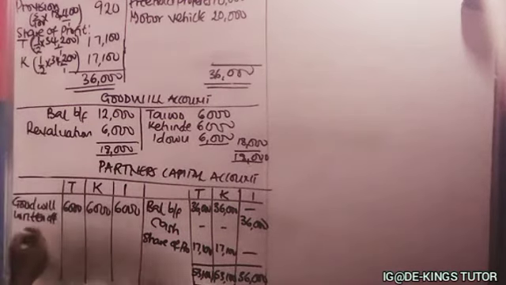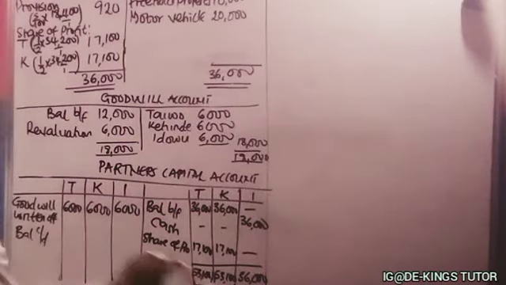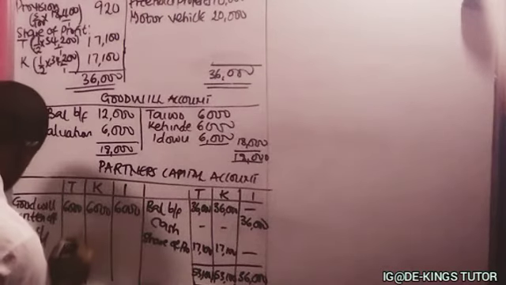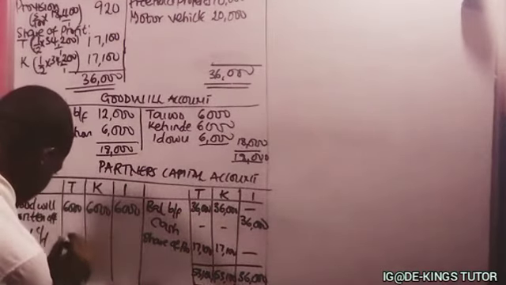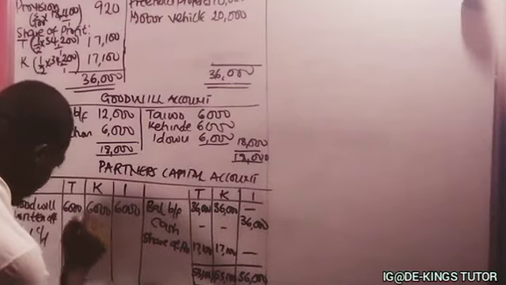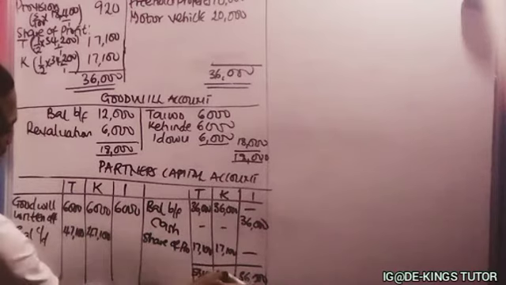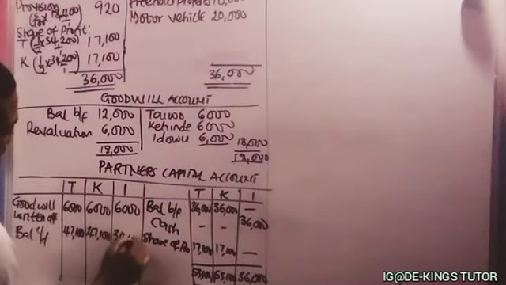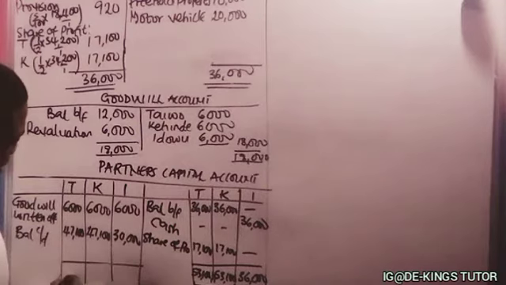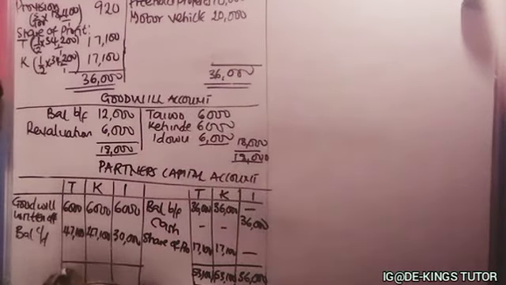Now, to get the balance carried down, 53,100 minus 6,000 will give me 47,100. 53,100 minus 6,000 will give us the same thing, 47,100, while 36,000 minus 6,000 will give us 30,000. Okay, so if you add up, this is giving us 53,100. This is 53,100, and this is 36,000.